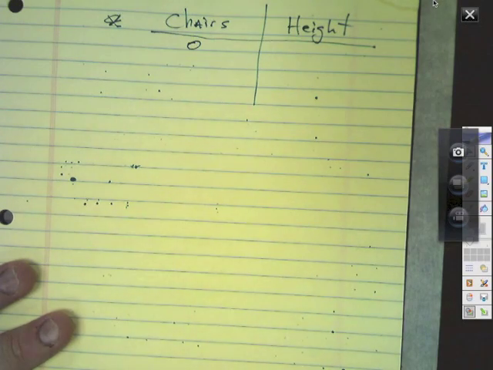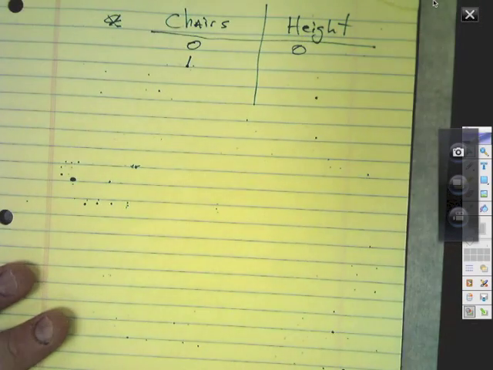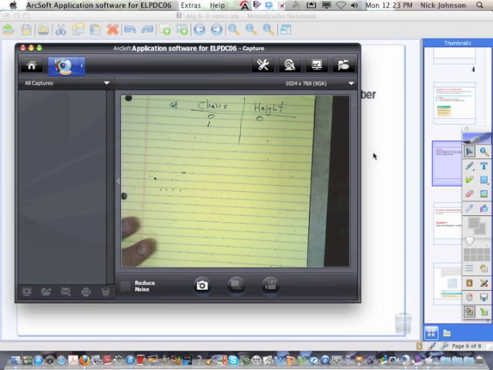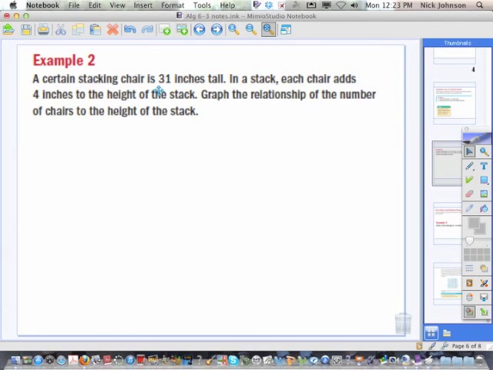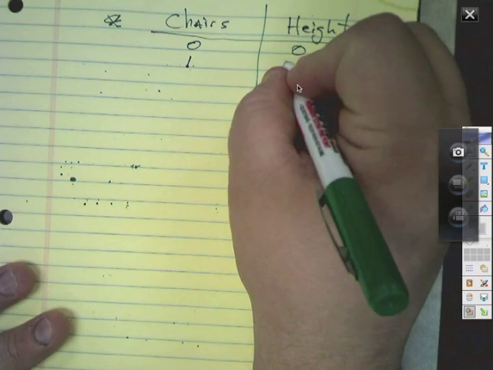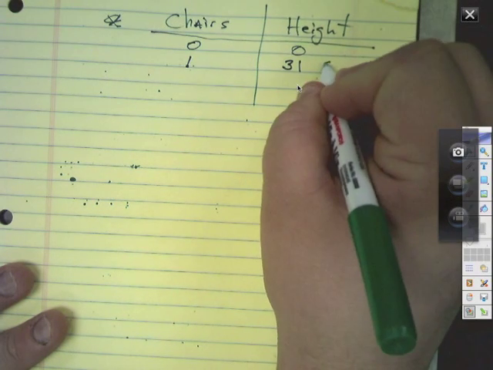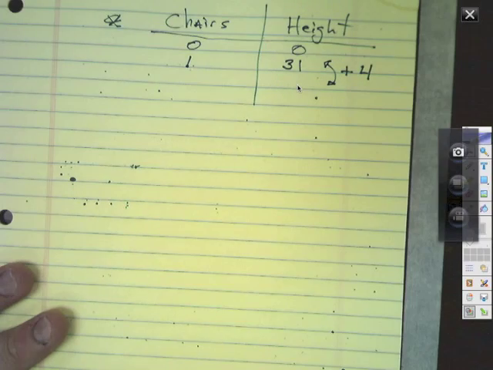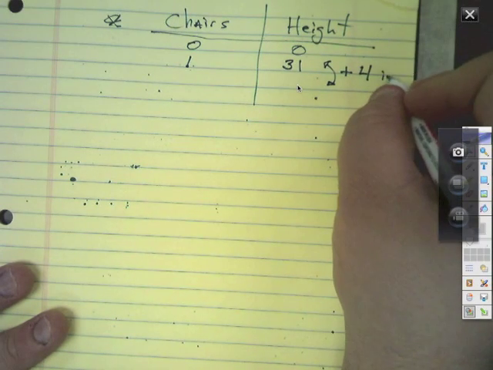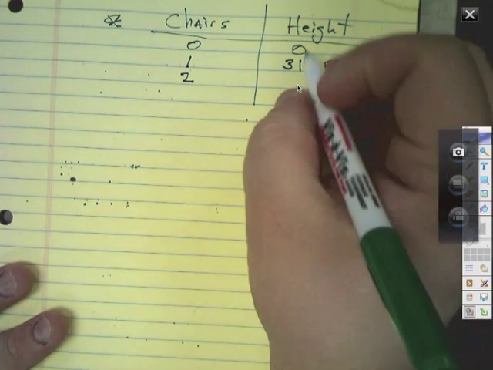Now, if you don't have any chairs, you don't have any height. Okay? If I have 1 chair, they told me it was 31 inches tall. And then they said for every chair after, I am going to go up 4 inches.